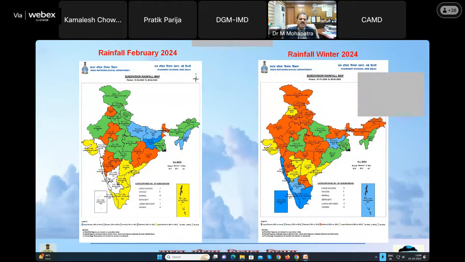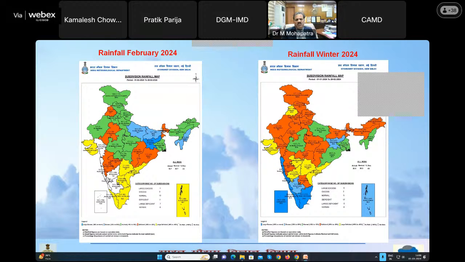Now let us look at the spatial distribution. On the left-hand side, the figure shows rainfall during February, that is 1st February to 29th February. You can see that North India and Central India, including Northwest India, East and Northeast India, and adjoining Central India, have green or blue color, that is normal to excess rainfall activity. Whereas Peninsular India is either white or yellow, that means it is largely deficient, or had no rain.